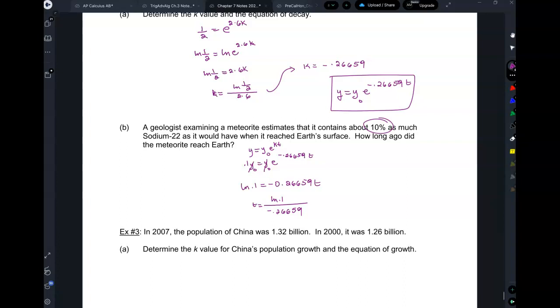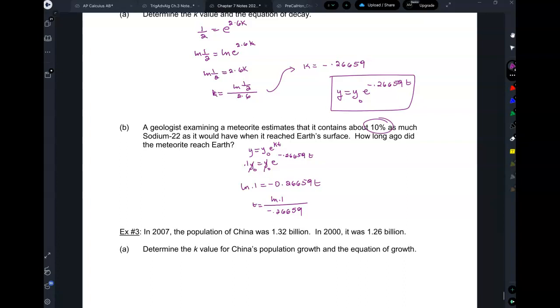This is part of the same problem, A and B. Yeah, but I don't get how, if there's no decay in this. No, there is, because a geologist, okay, so this is part B of this one, right? We have sodium decaying. So now a geologist has a meteorite. It now has 10% of the sodium that it had when it reached the Earth's surface.